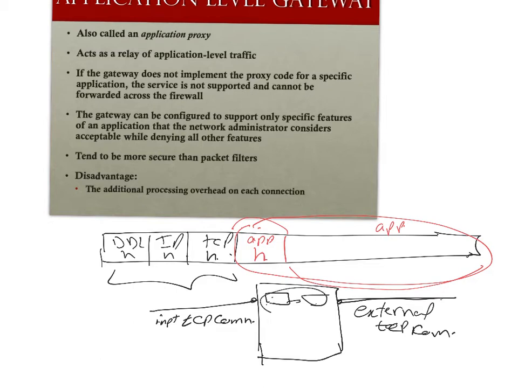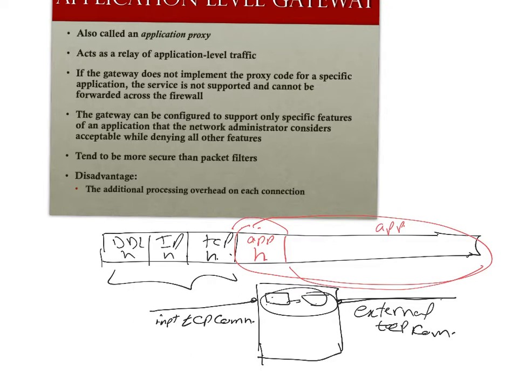And of course, during this relay process, I can again apply restrictions based on the application level data. So I can say, okay, this is HTTP or a web service, and this is, for example, an HTTP request, for example, to buy something from Amazon. I'm going to restrict that, okay?